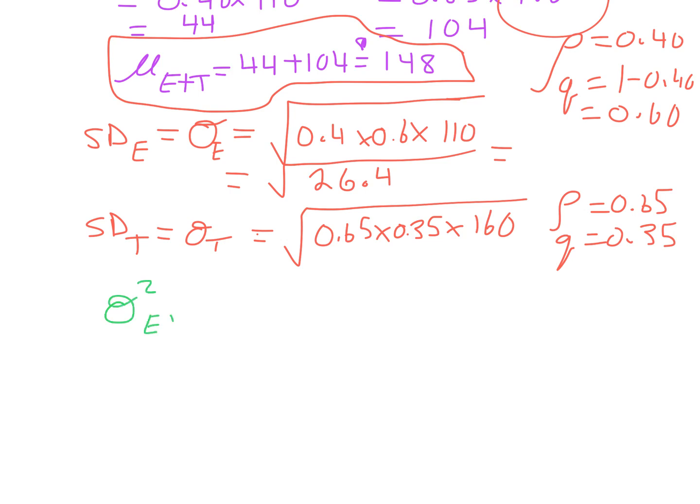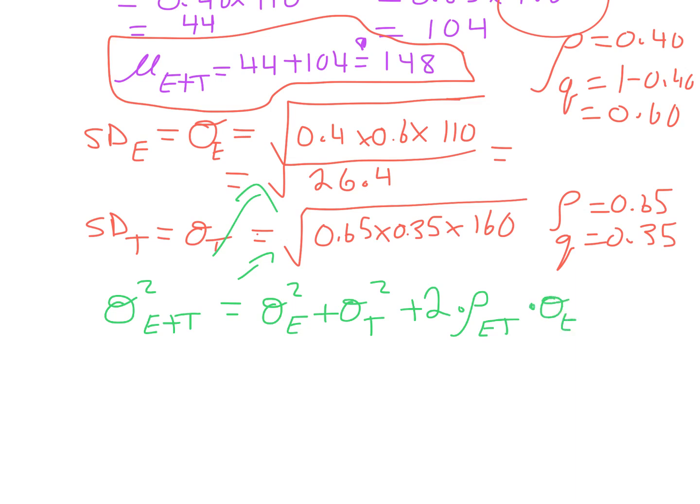They did E plus T for the variance, and that's equal to the variance of E plus the variance of T. So that's just going to be these guys unsquare rooted, okay, like just before you square rooted them, plus 2 times that correlation proportion, and then we multiply that by sigma of E and sigma of T again.